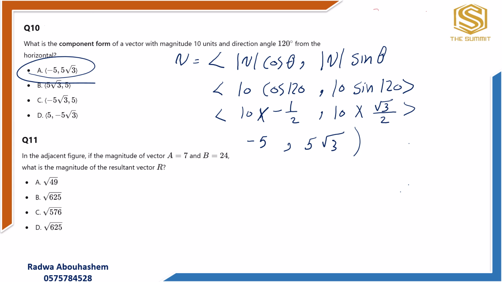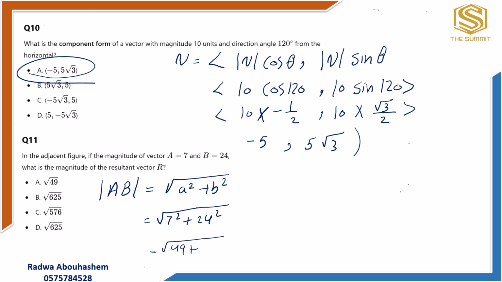Okay, if the magnitude components of a vector are A equals 7 and B equals 24, what is the magnitude of the vector? Remember, the magnitude is just like the Pythagoras theorem. So 7 power 2 plus 24 power 2 gives me the square root of 49 plus 576, so the square root of 625.